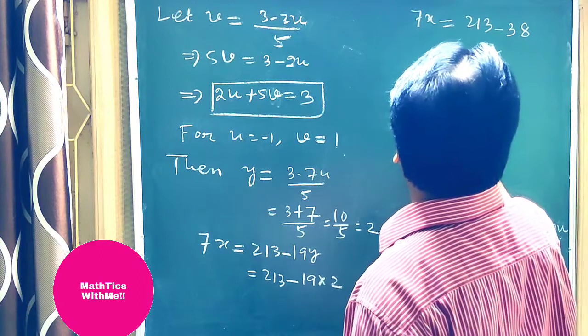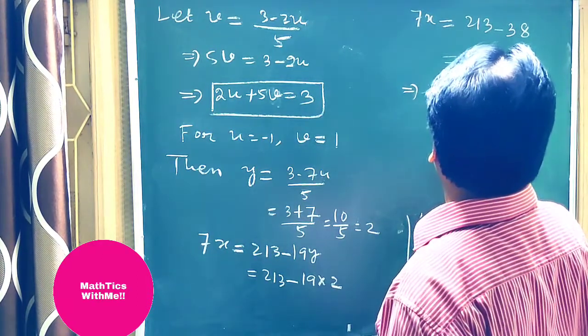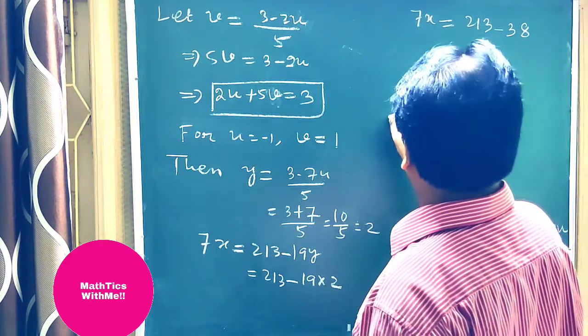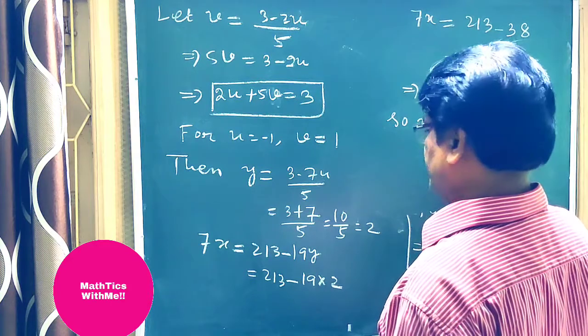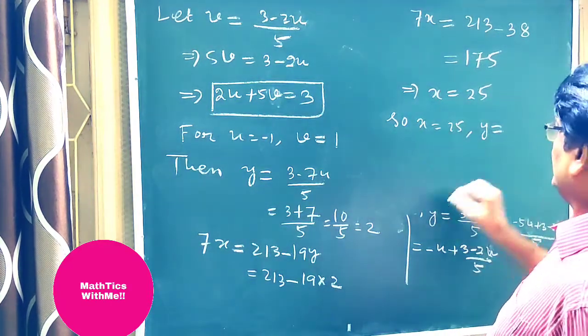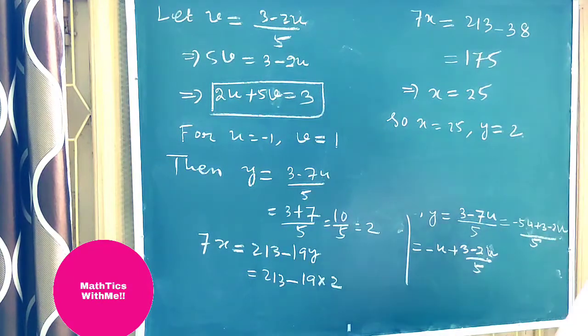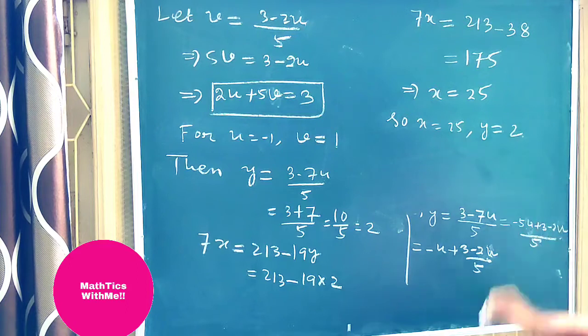This implies x is equal to 25. So we have got the value of x is 25, y is equal to 2.